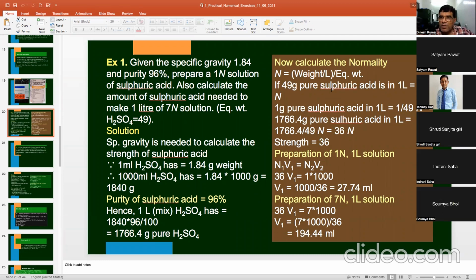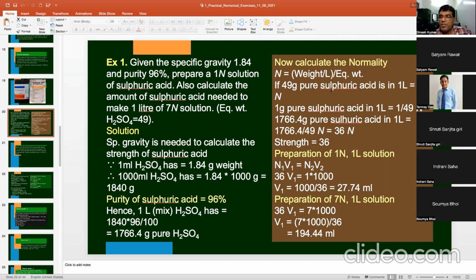If you do not want to use this formula, N is equal to weight per liter divided by equivalent weight, you can calculate in this fashion also. If 49 gram pure sulfuric acid is in 1 liter, if 1 liter solution of sulfuric acid contains 49 gram pure sulfuric acid, then its normality will be 1 normal.